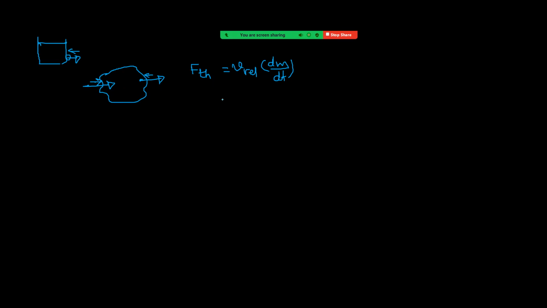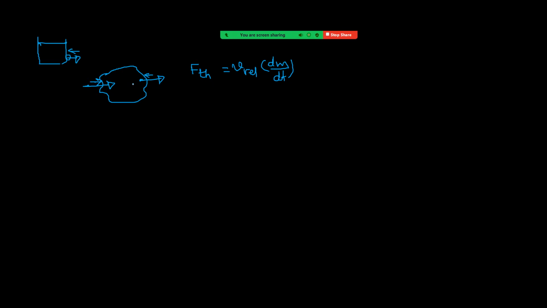Okay, that means when mass is entering into the system, thrust force will be along the direction of V relative. Here, with respect to the system, mass enters with a velocity like this. So dm by dt positive, therefore force acting in the same direction.